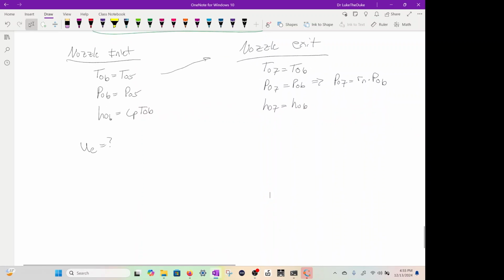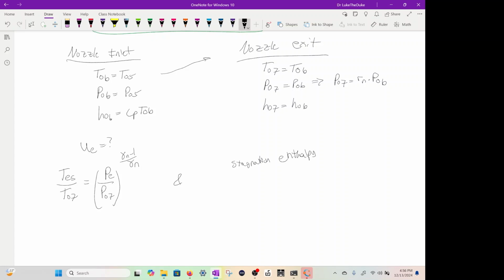Okay, so how do we find UE? Well, we need two sets of equations. We need TES over T naught 7 equals PE over P naught 7 raised to the gamma n minus 1 over gamma n. Again, isentropic relationship. And if you remember the stagnation enthalpy equation, which states h naught equals h plus velocity squared over 2.